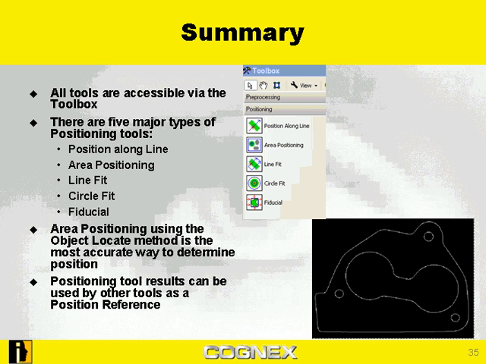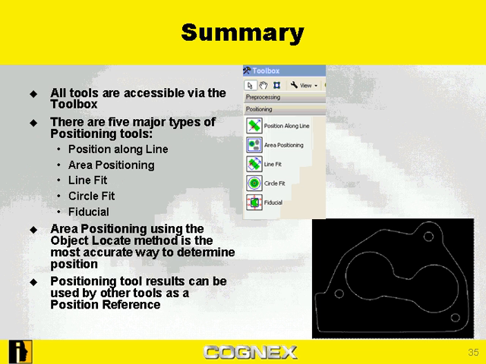Object locate has been optimized recently in Intellect. It has been streamlined to make it run faster and operate even more effectively. And object locate is also incorporated into the new FFD, flexible flaw detection tool.